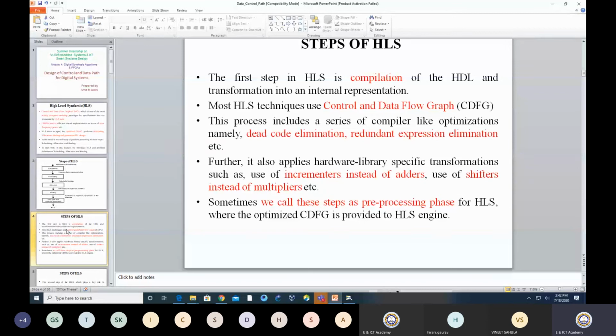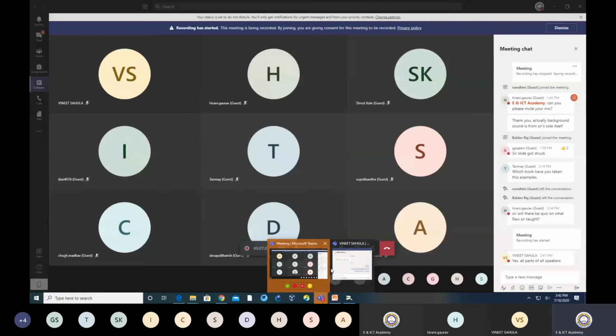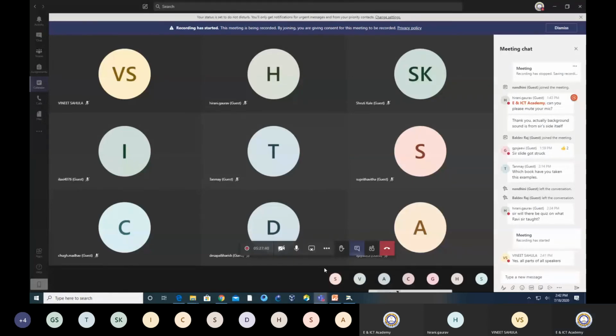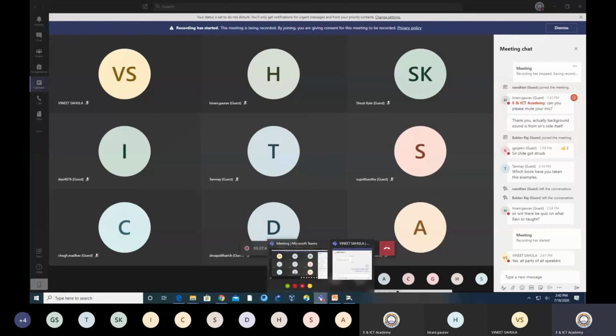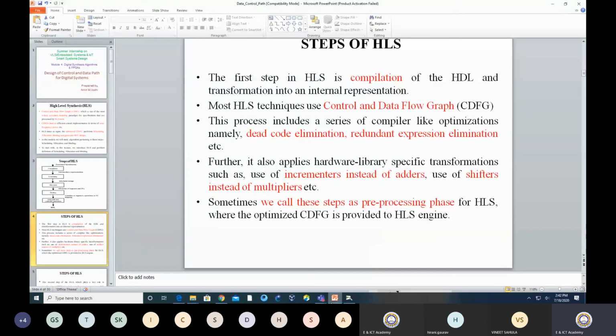If I have a divider or multiplication, I can replace it with some lesser strength block, that is an adder, subtractor or shifter, and that would be good enough. This initial level optimization we always do before starting our design. That is also one of the important things.